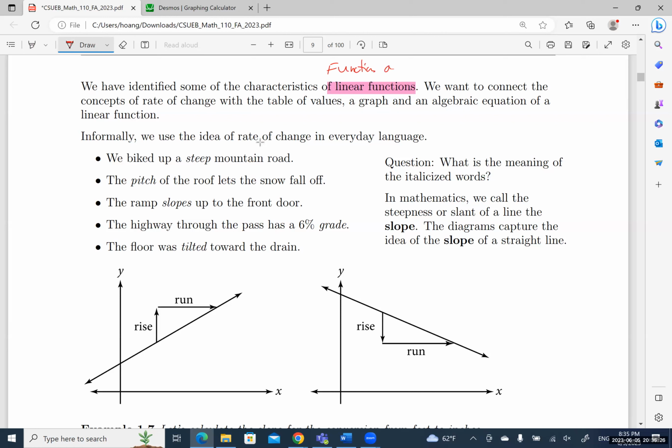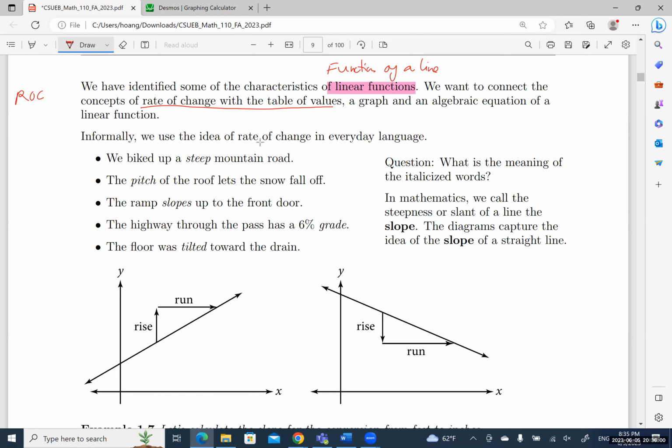We want to connect the concept of rate of change with table values, a graph, and an algebraic equation of a linear function. So rate of change, we're gonna talk more about that in the next section. All right.